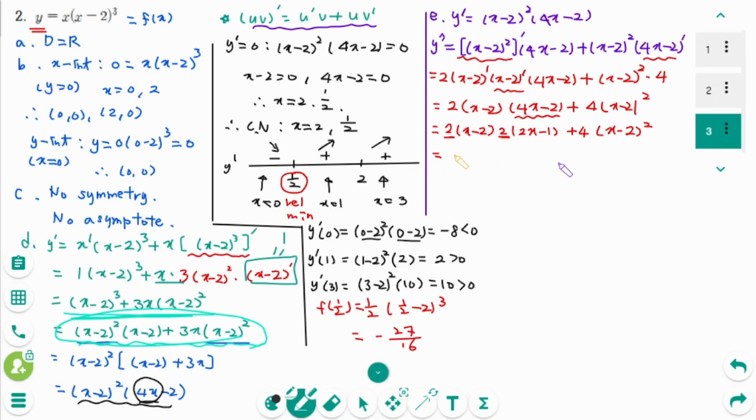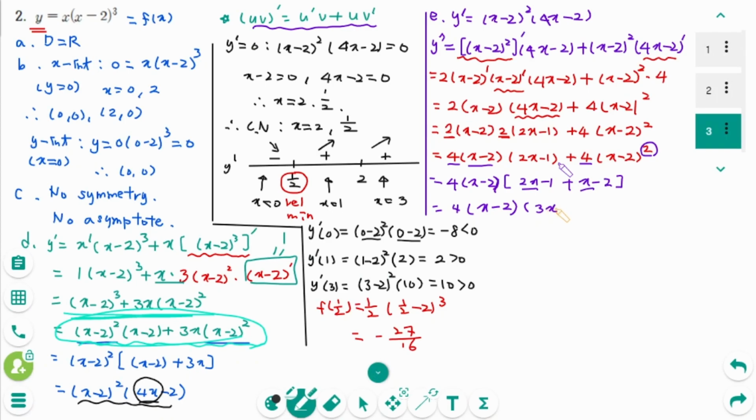Then this one together make 4(x minus 2)(2x minus 1) plus 4(x minus 2) squared. Then we can factor, the common factor is 4 and (x minus 2), then 4(x minus 2)((2x minus 1) plus (x minus 2)), then 4 times (x minus 2)(3x minus 3).